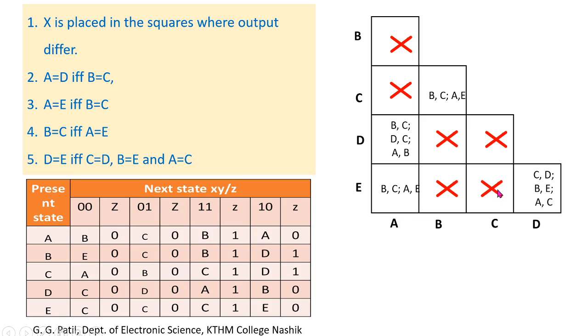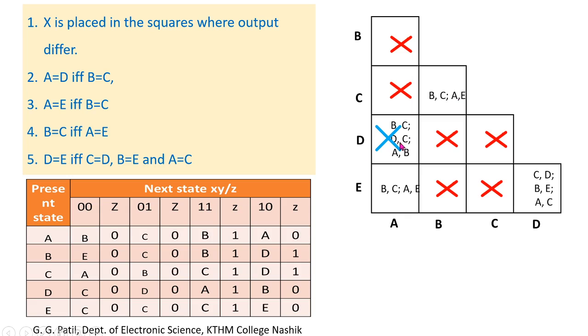So in the remaining squares where these crossed state pairs are there, those squares will get crossed. So first is here. This gets crossed. Why does it get crossed? Because it contains BC in its square, and here it depends on A.